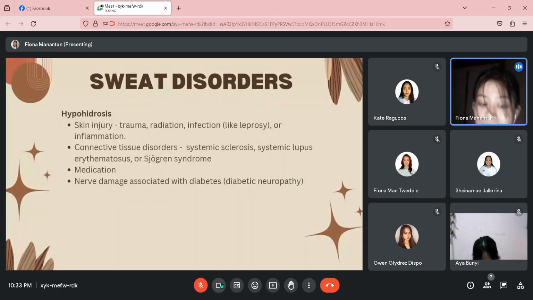Hypohidrosis typically manifests in a specific region of the body and can result from various factors. This condition may be triggered by a skin injury, such as trauma or burns, cuts, or scrapes that can damage sweat glands in the affected area. We also have radiation. This is used to treat cancer and can damage sweat glands, leading to hypohidrosis in the treated area.